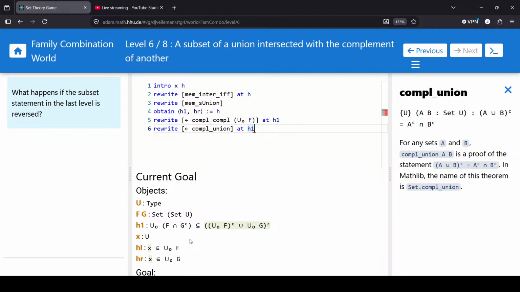G's complement. What is the complement of G? It's everything outside.